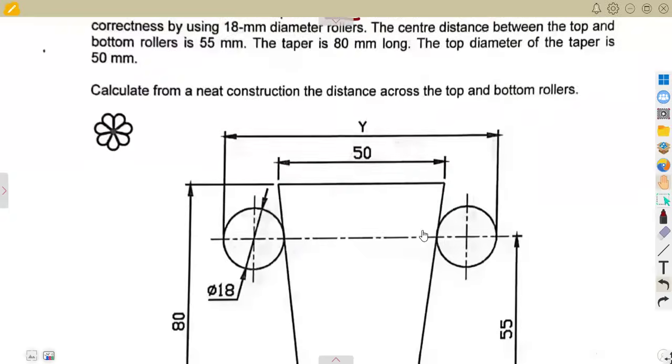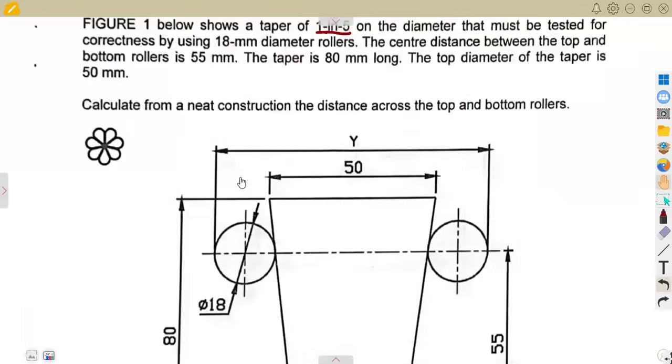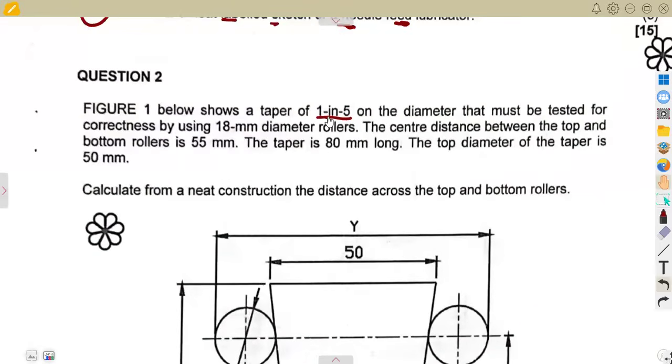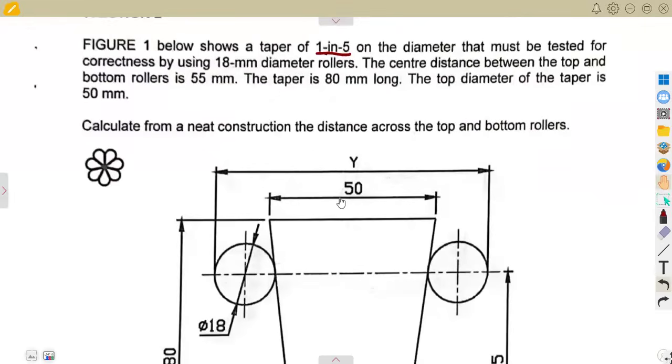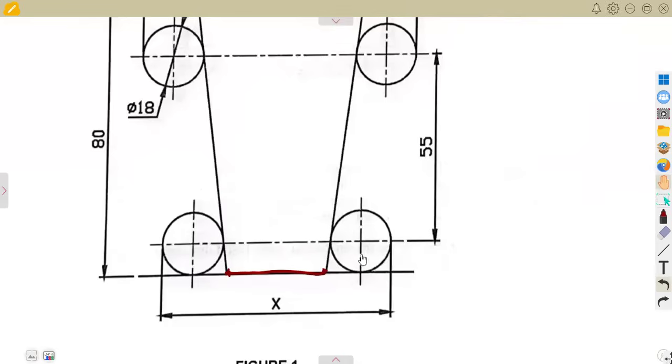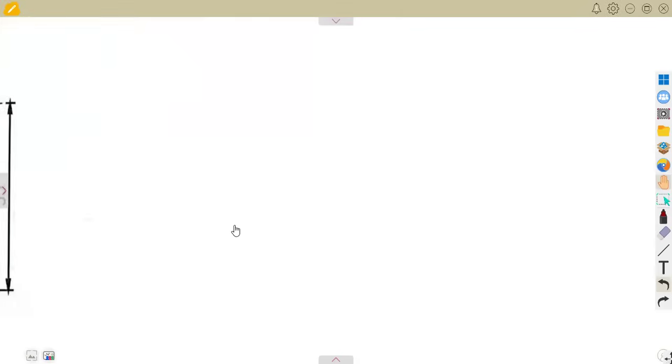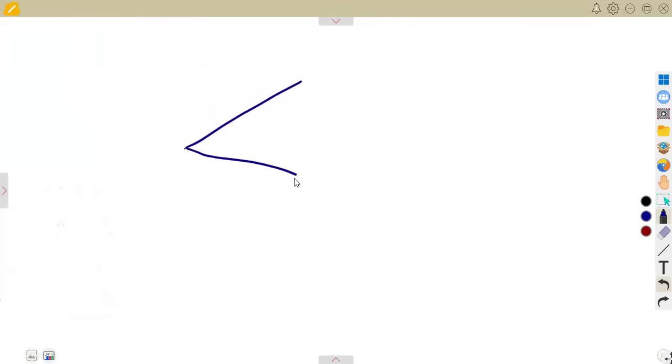Let us consider first that we have a taper, which is 1 in 5. What is the purpose of this taper? The purpose of the taper is that we can calculate the included angle from there. I referred to this in our introduction, that you are going to have a piece of a diagram like this, whereby the taper of 1 in 5 is indicating that we've got 1 and this is 5.